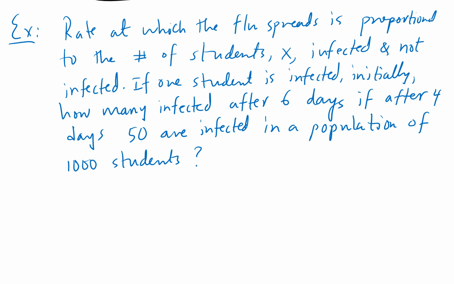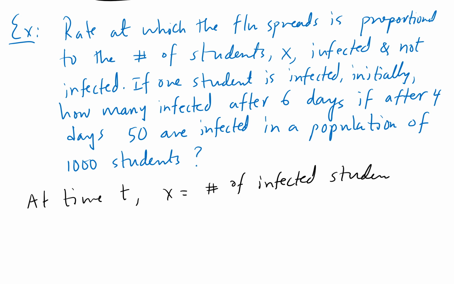So to write the given down in mathematical symbols, we say at time t, there was X number of students infected. If there was X number of infected students, then there was 1,000, the total number, minus X not infected.